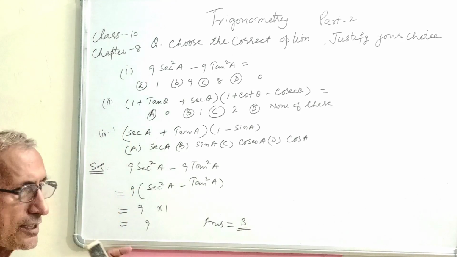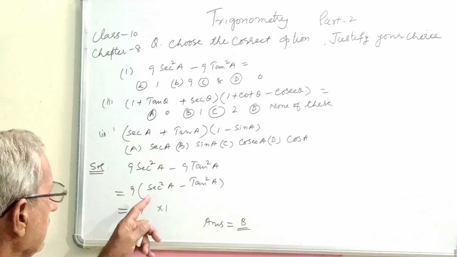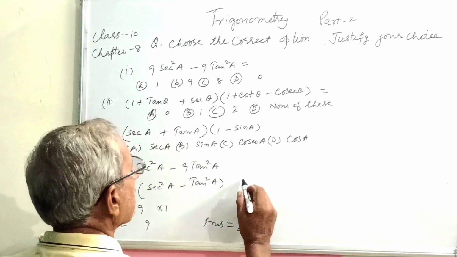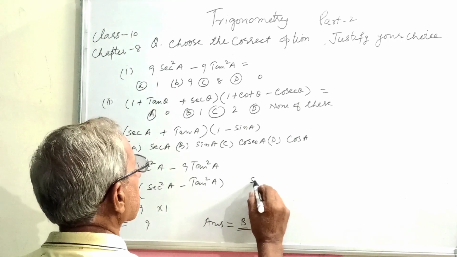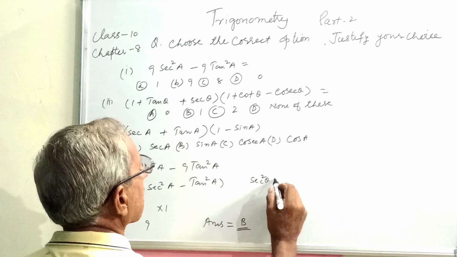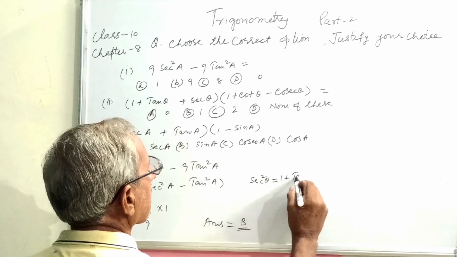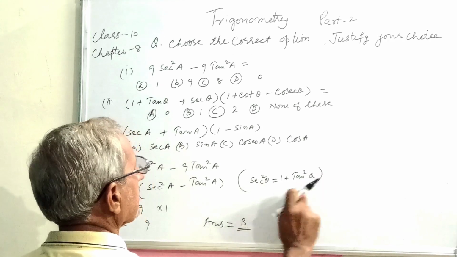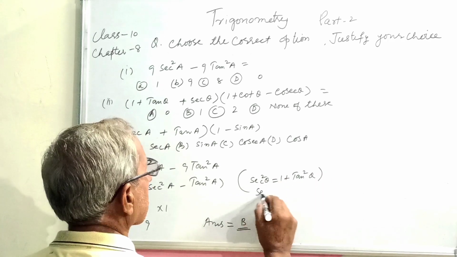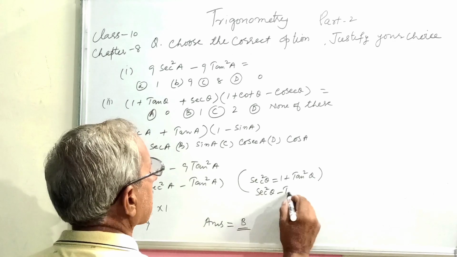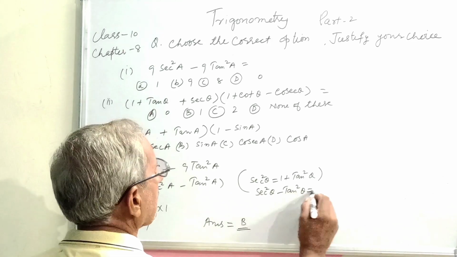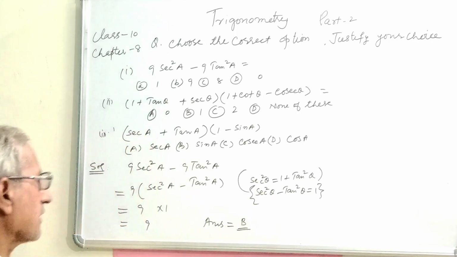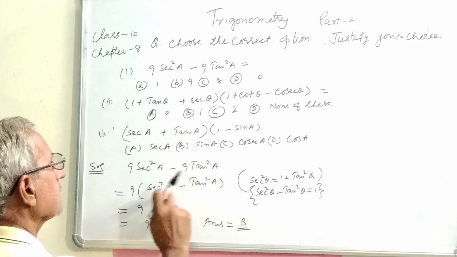So what identity I have used here? So the secant square A minus tangent square A. So मेन आइडेंटिटी ये होती है कि सीकेंट स्क्वायर थीटा बराबर होता है 1 प्लस टेंजेंट स्क्वायर थीटा, ये आइडेंटिटी होती है। तो उसमें से अगर टेंजेंट को हम इस साइड में ले लेते हैं तो ये हो जाते हैं सीकेंट स्क्वायर थीटा माइनस टेंजेंट स्क्वायर थीटा इज इक्वल टू 1। So that was the identity used in this question.